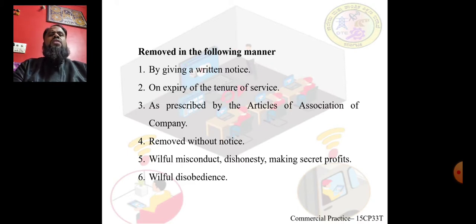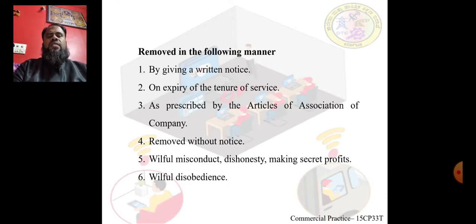In all these situations, a company secretary can be removed without serving any notice.